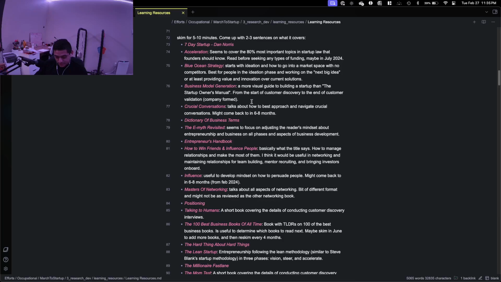But it also does have an income statement, which is useful. Defining your business model. Testing your business model. So it's more of a high level overview.